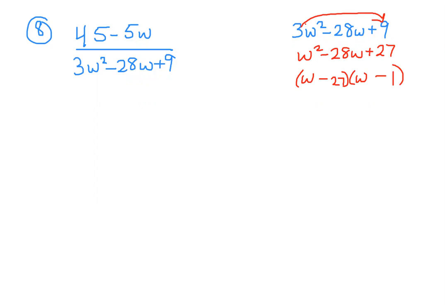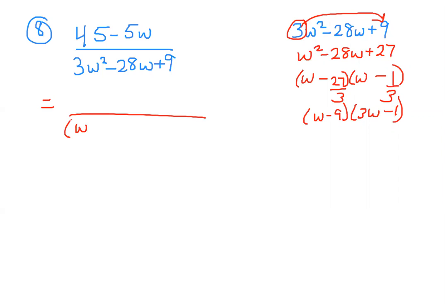But we multiplied by 3, so we have to divide by 3. And this becomes w minus 9 and 3w minus 1. So back to our original problem, the denominator becomes w minus 9, 3w minus 1.